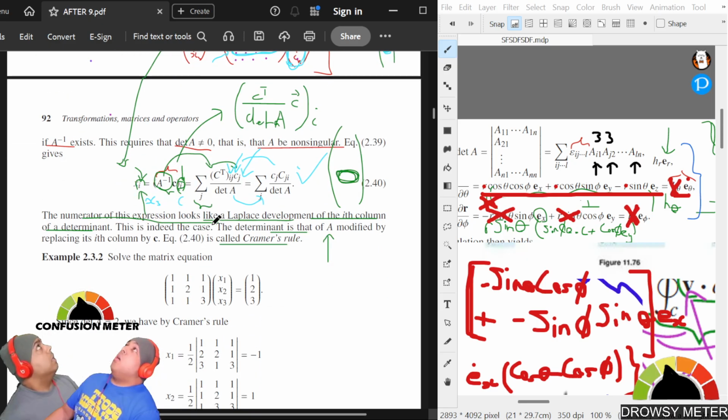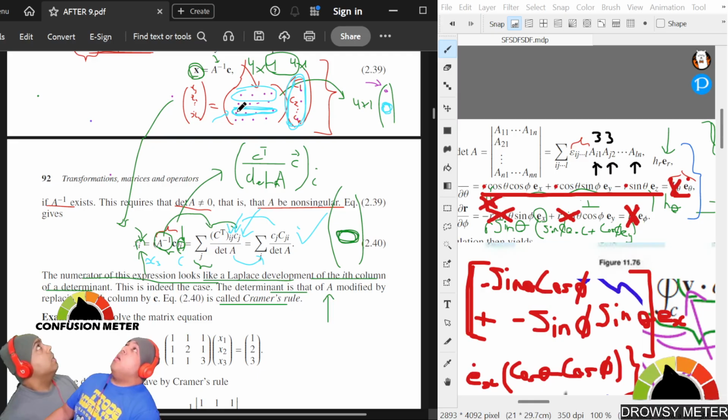The numerator of this expression looks like the Laplace form of the determinant of the ith column. Laplace development like this, multiplied by cofactor.